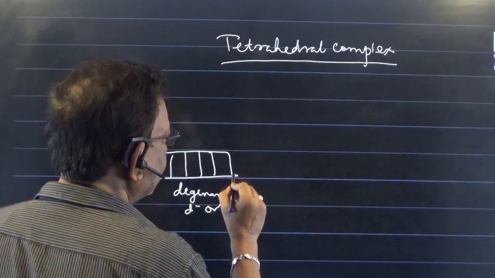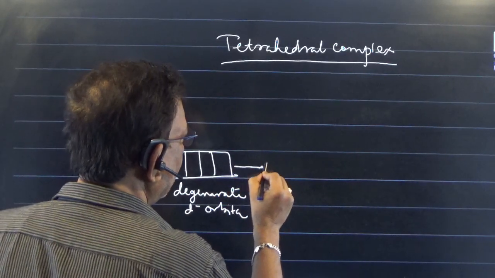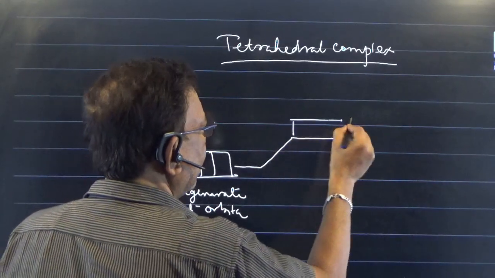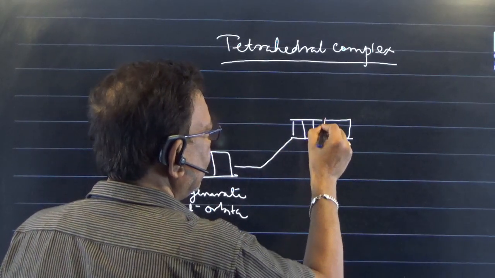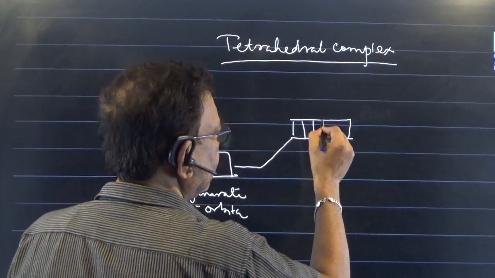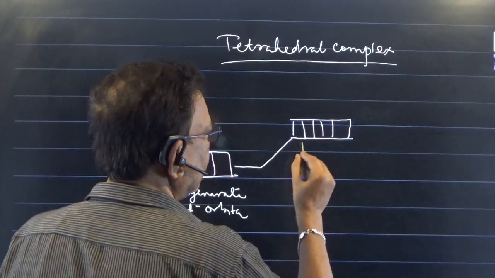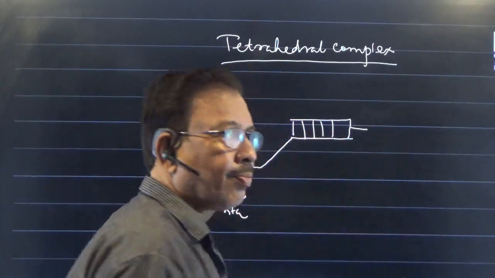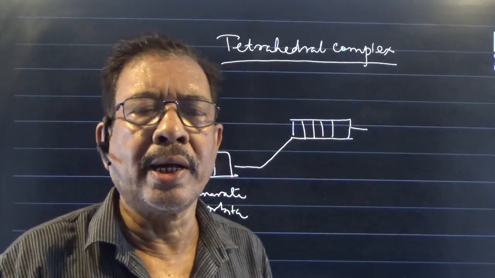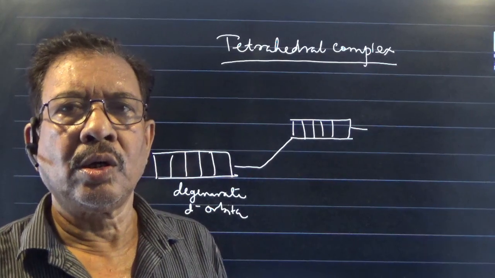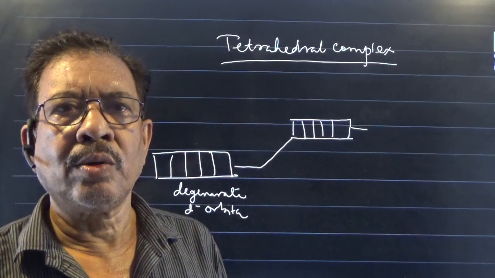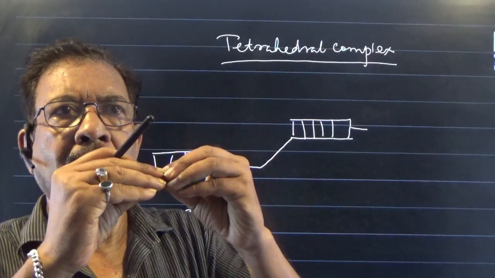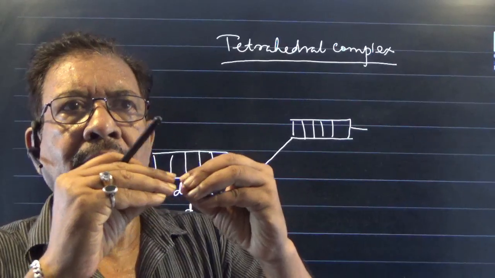When ligand approaches, it goes to the first excited state, still degenerate. Now, whenever the ligand approaches, the ligand which is in the non-axial position gets more energy.